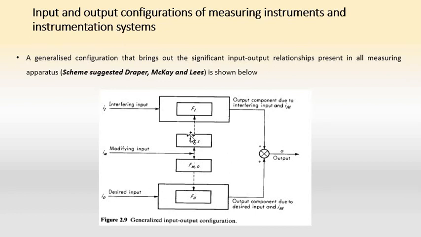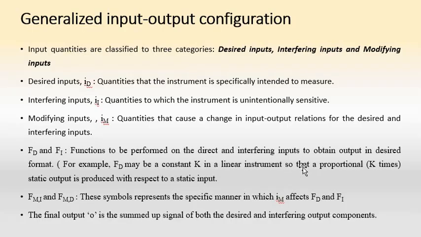So due to the presence of this modifying input, the output components of both the interfering as well as the desired input will be modified, and these modified output components will be added up here, and in the output we will obtain the effect of all three inputs. So that is all about input and output configuration.